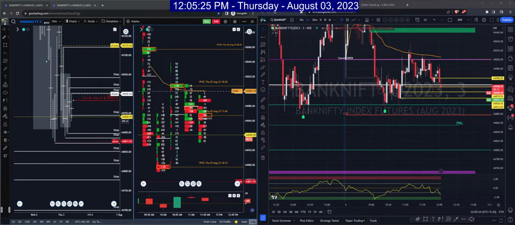Okay, absorption of supply, come on. Yep, tempo is coming in strong. Move lower.